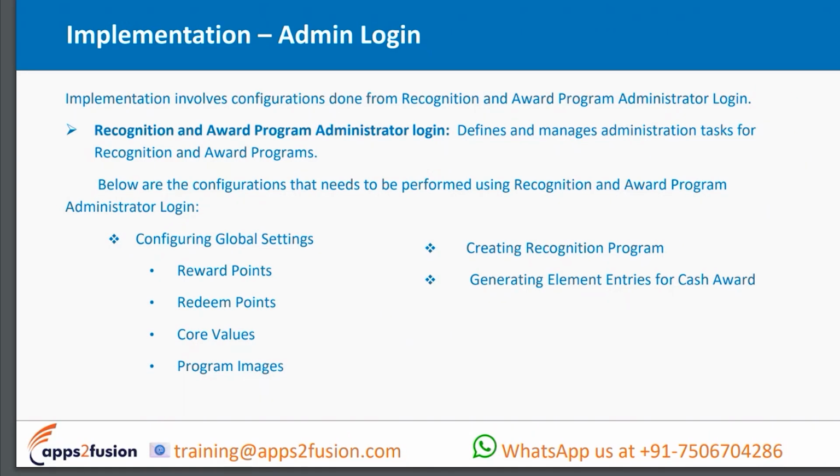So what is configuring global settings? Here you're going to define an overall framework for how recognition and awards will function within your organization in terms of reward points. The first one is reward points, to set up a point system. For example, I'm just giving 100 points, and after 100 points you'll be getting some gifts or some recognition.